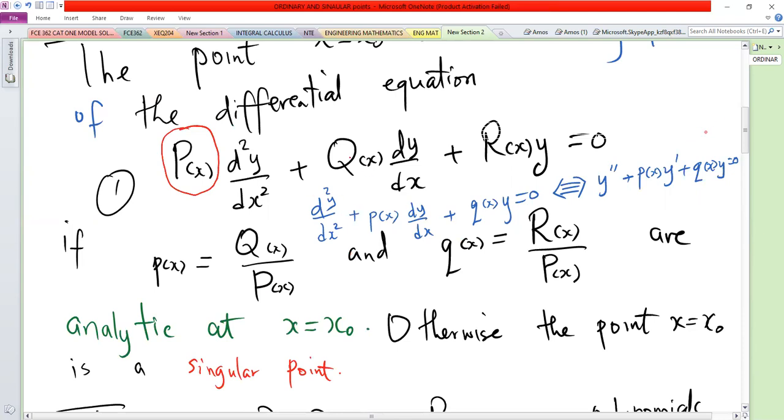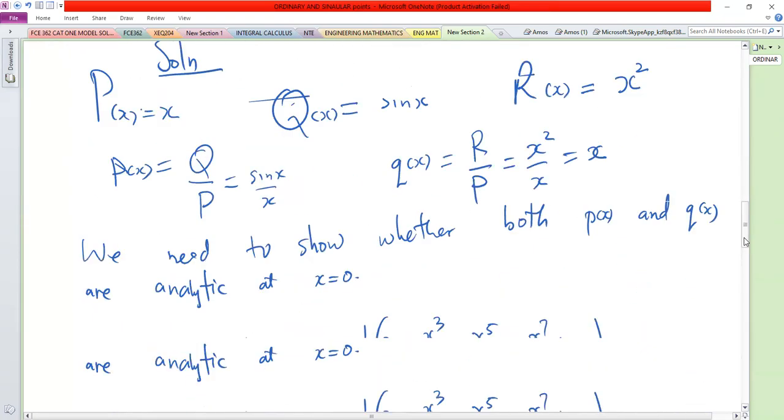Don't just hurry to take capital P of x, equate it to 0, and say that you have this singular point. That will only be done if you have confirmed that P, Q, and R are all polynomials.